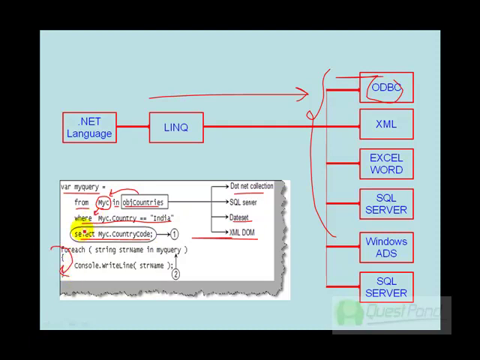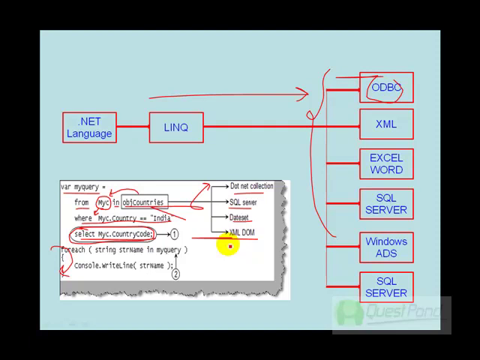You can see that this query is very generic. It fires over any kind of collection, any kind of data source, any kind of data type. So that's what LINQ is from the perspective of writing SQL.